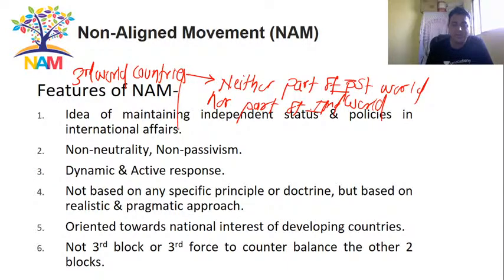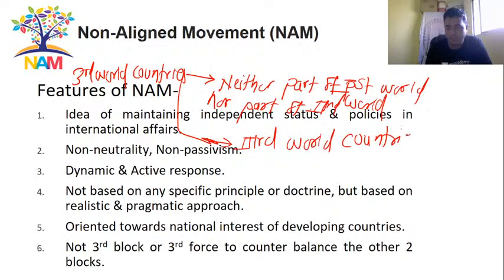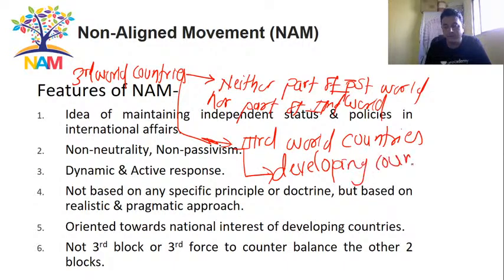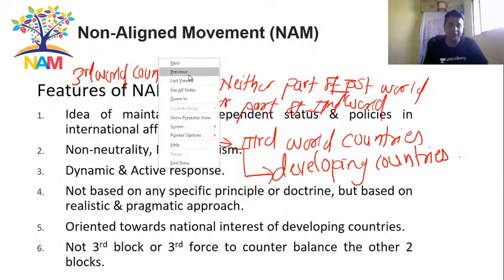So that's why they are considered third world countries. And most of these countries are developing countries. Got it? Yes, the concept is clear. First world, second world, third world. Good.